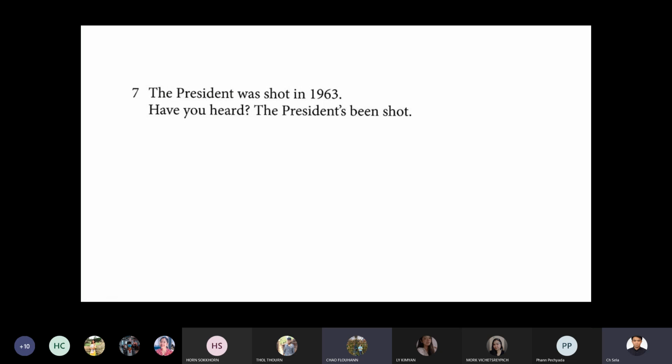The first sentence is passive. Past simple passive. Okay, very good. Simple passive, or you can call it passive. Okay, very good. How about the second one? I'm not sure.